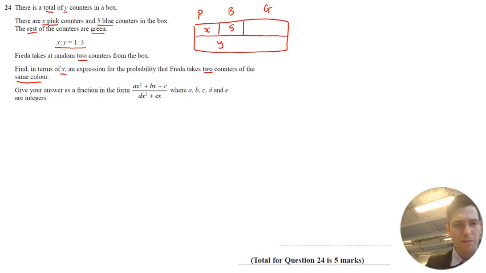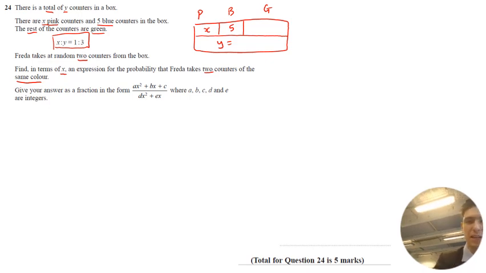Now, because it says in terms of x, I don't like having this y. I think I want to change this y to something which has an x in it. Now, if you look at this ratio again, it looks like x to y is 1 to 3, so y is 3 times bigger than x.